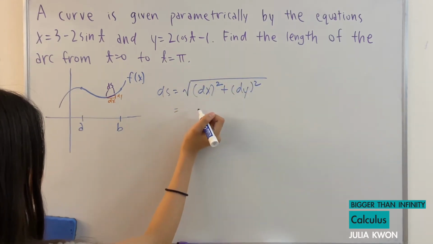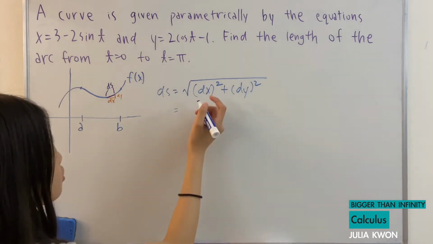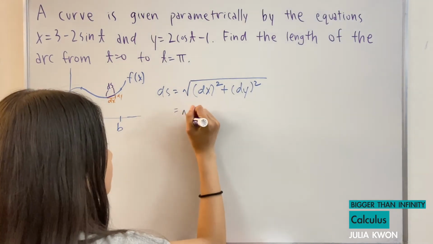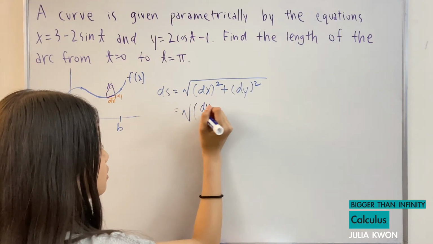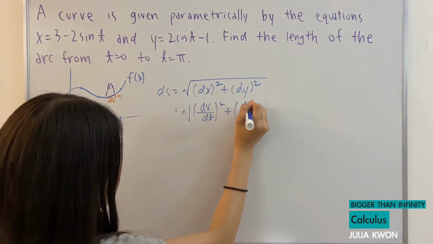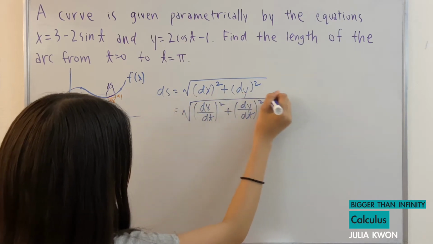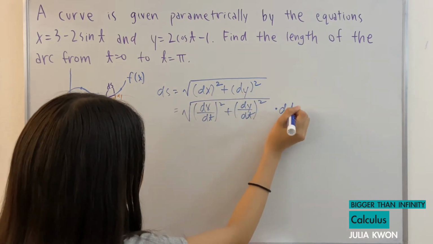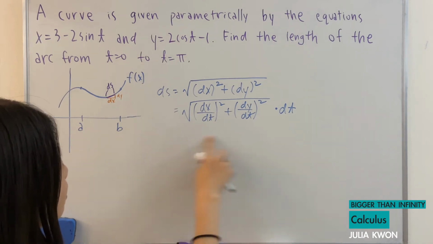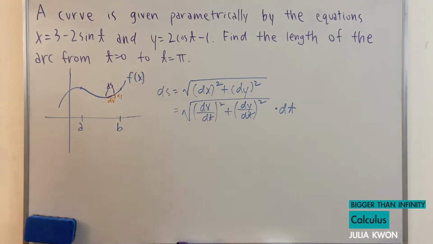Since we're using parametric equations, we're going to multiply and divide by dt. That would give us the square root of (dx divided by dt) squared plus (dy divided by dt) squared, all multiplied by dt. And this would be just the length of one small portion, so this purple line.